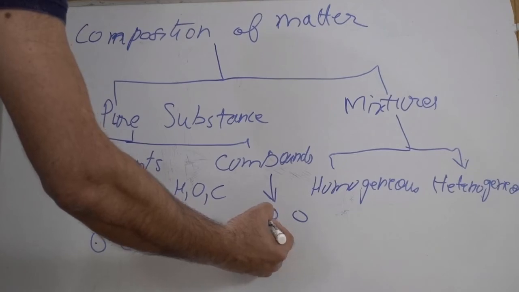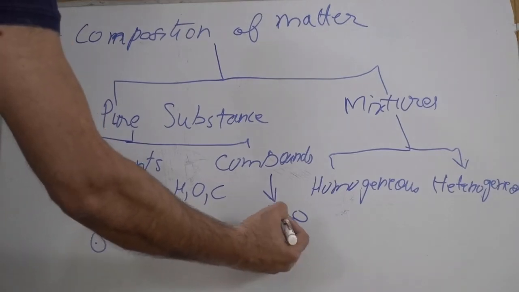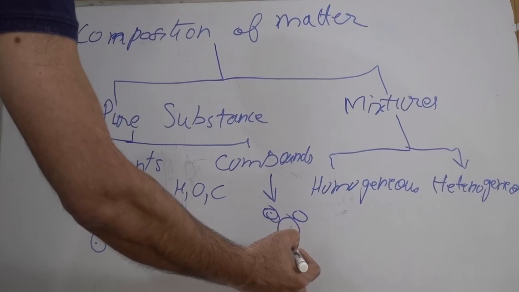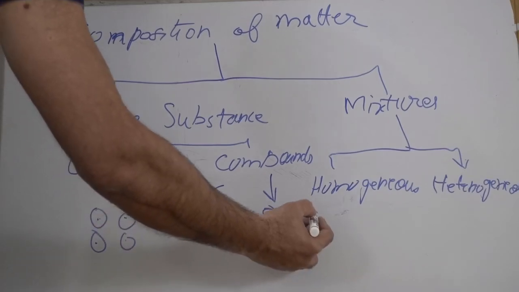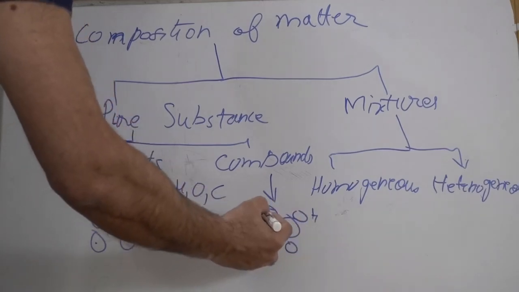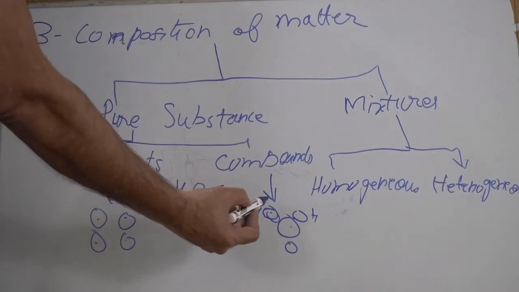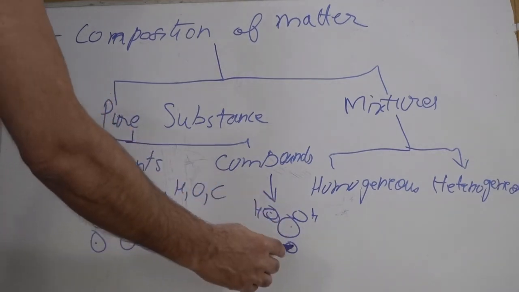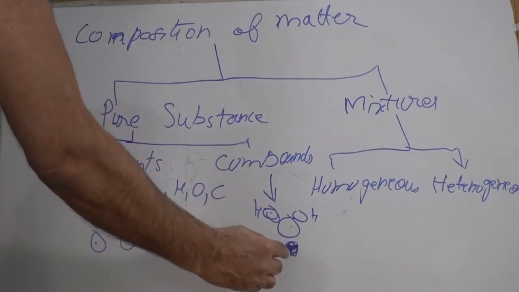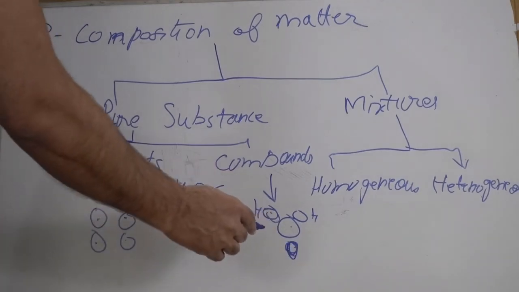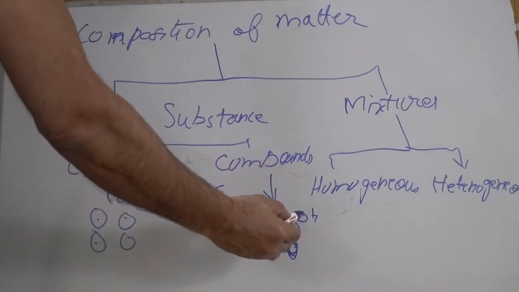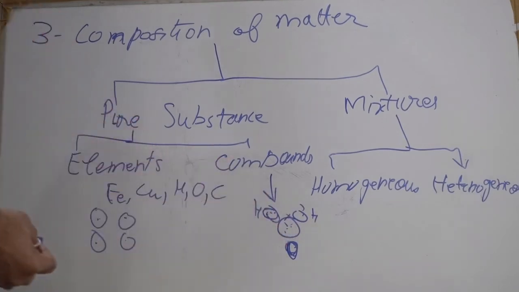For example, water. In water, this is an oxygen atom, this is a hydrogen atom, this is a hydrogen atom. If we take a sample in which all the molecules are like this, then that is pure water.